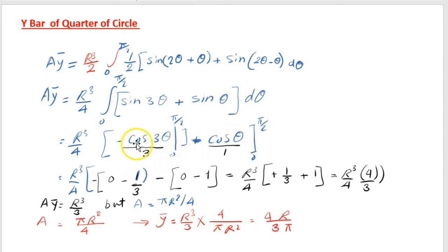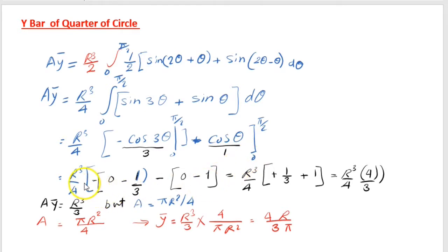For minus cosine 3 theta, this will be minus 0 minus the cosine of 0, which is 1. So we have minus 1, divided by 3. Minus the cosine of pi over 2 is 0, minus the cosine of 0 is 1, divided by 1.